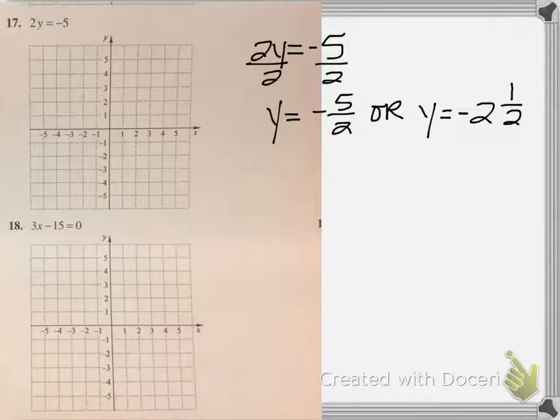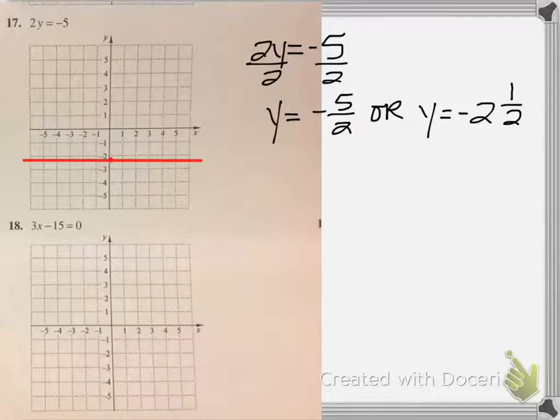So my y-axis is my vertical axis, and I have a y-intercept of negative 2.5. I'm going to try to guesstimate that. Pretty close. And then it's going to be a horizontal line through negative 2.5.